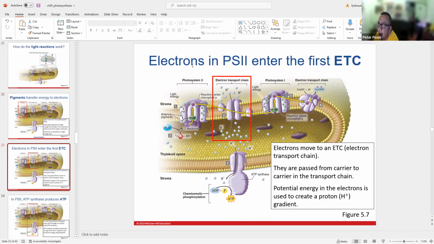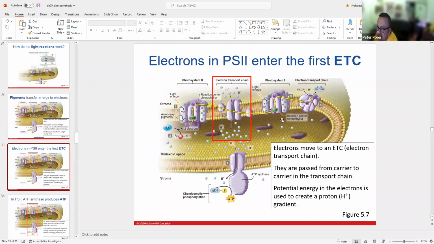The electrons from photosystem 2 get passed down to photosystem 1. The electrons in photosystem 2 enter the first electron transport chain.